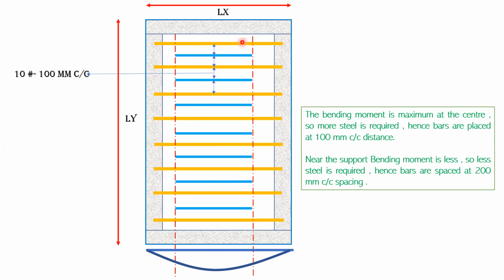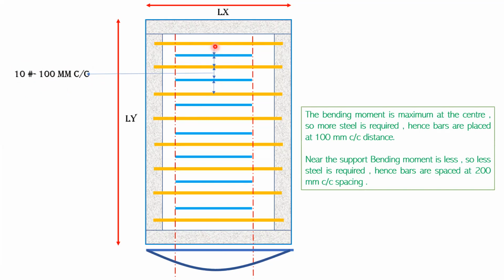So you can observe it here, right? Both the orange as well as the blue color are 10 diameter bars, and the spacing between these two bars is 100 mm center to center spacing. C to C stands for center to center. 100 mm comes out to be 4 inches.